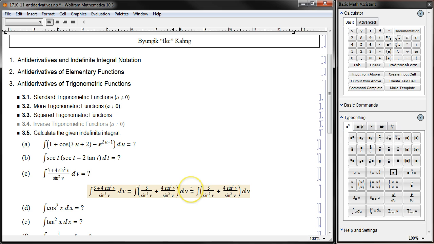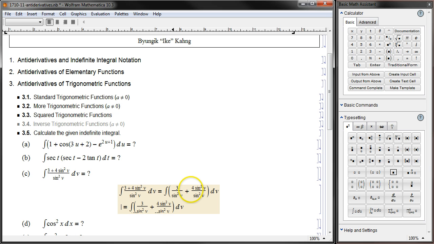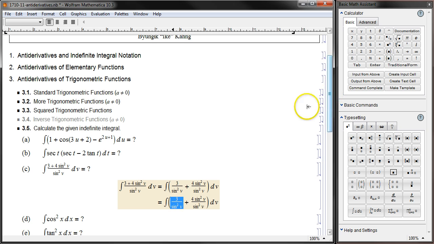Is there any good way to simplify this thing? Oh, by the way, while you guys are thinking, looks like I may have to go several steps, so let's move it to the next line. 3 over sine squared. Any good way to simplify? 3 cosecant squared. This one is easier.